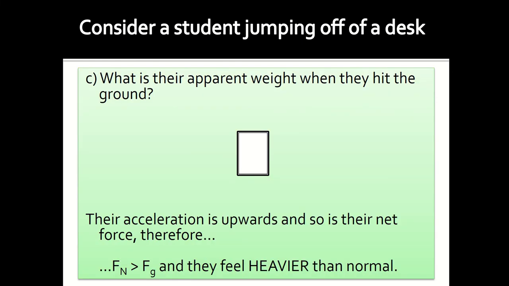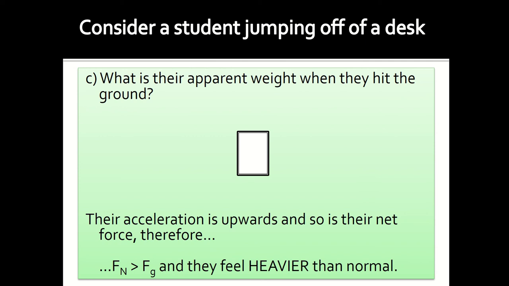Now, what if the student jumps off the desk, and the question is, what is the apparent weight when they hit the ground? In this case, when they hit the ground, they're going to decelerate because the ground will stop them.